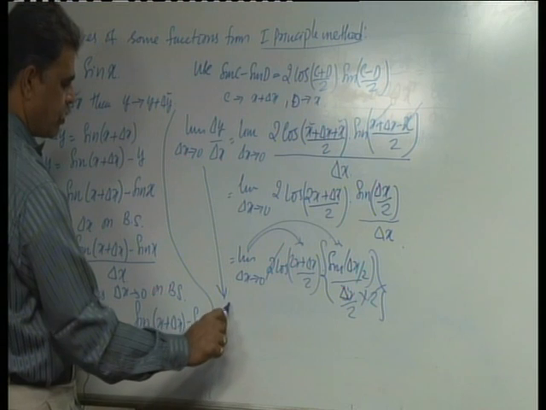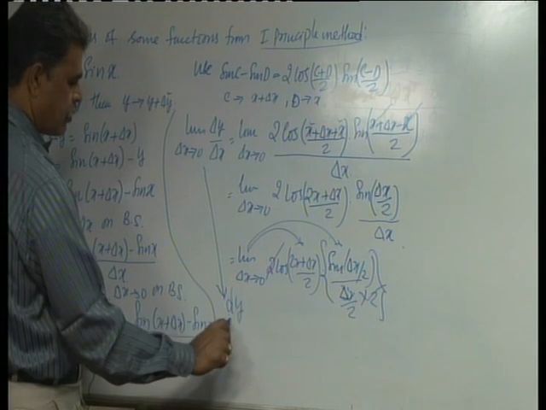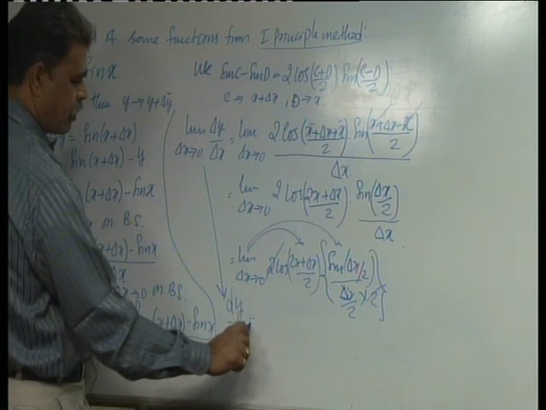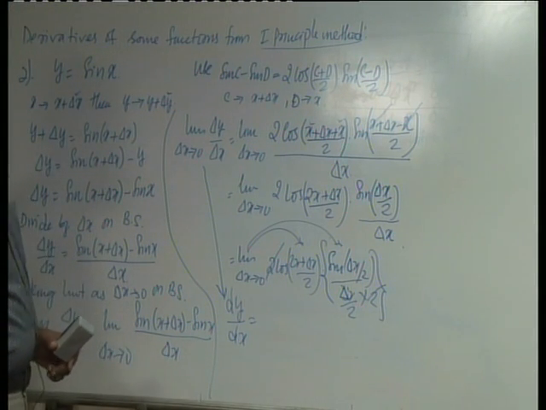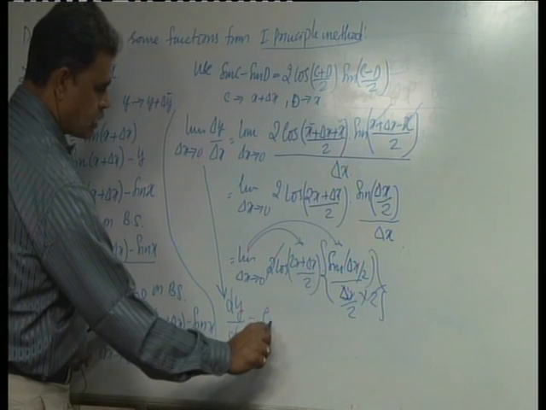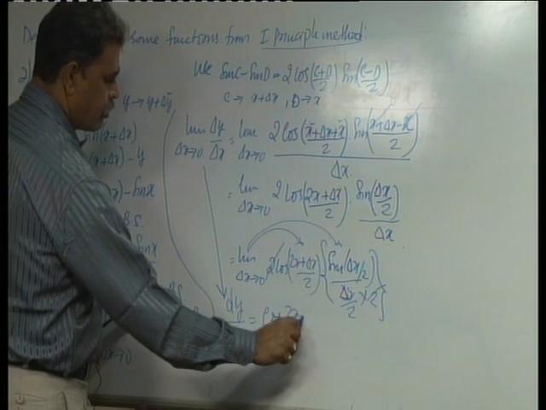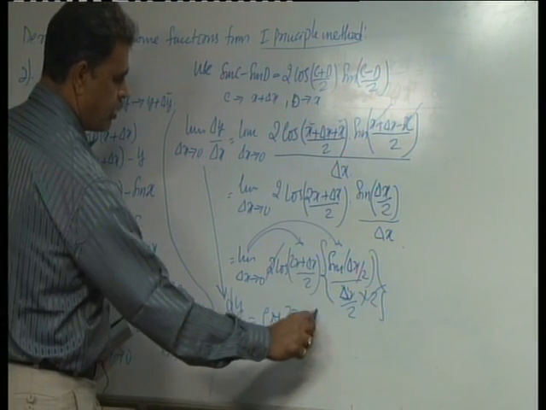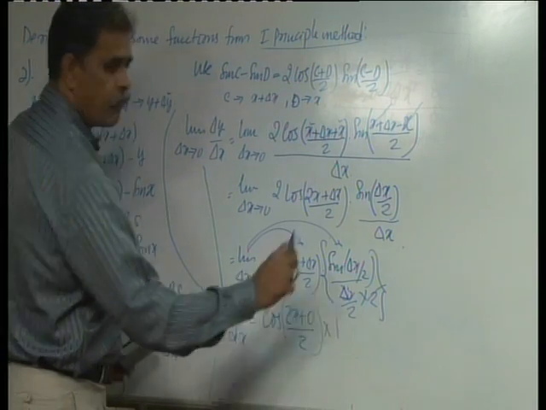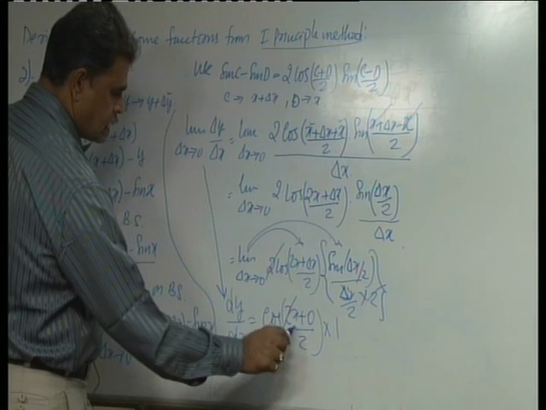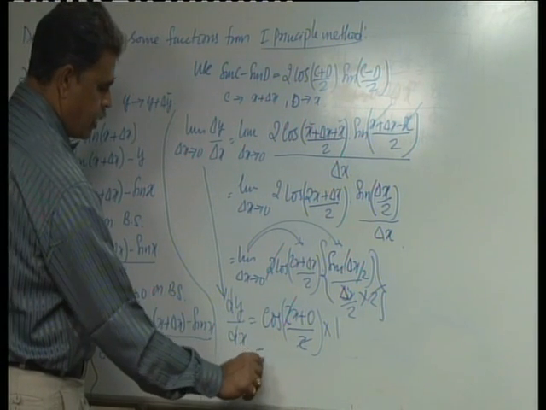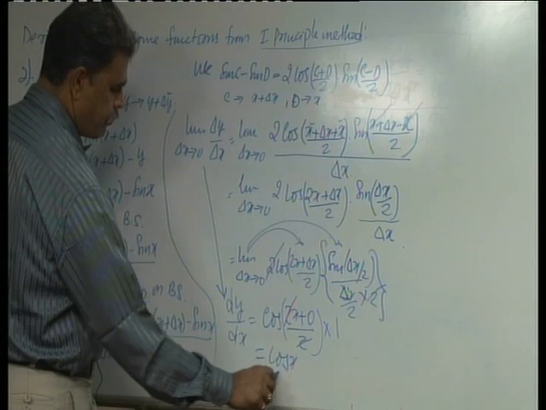The left hand side is always standard, we take it as dy by dx. It is the differential coefficient, or the derivative of the function. Cos of 2x plus 0 divided by 2 into 1. Then the 2 gets cancelled. Finally, we will have only cos x.